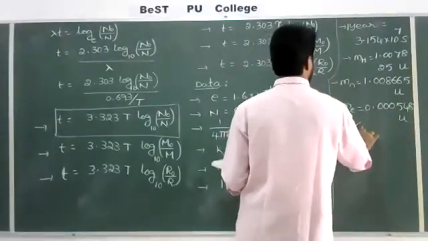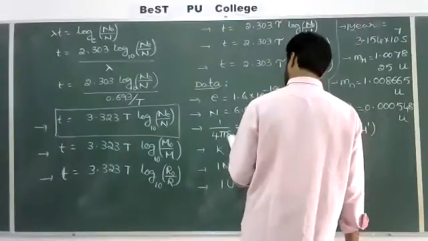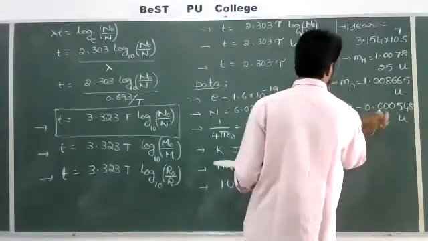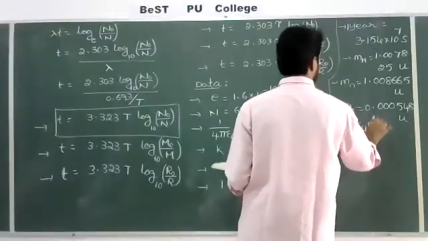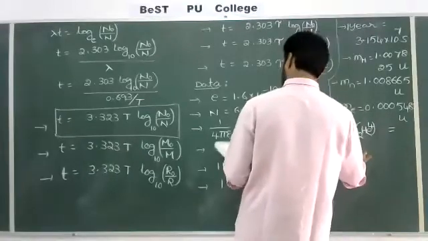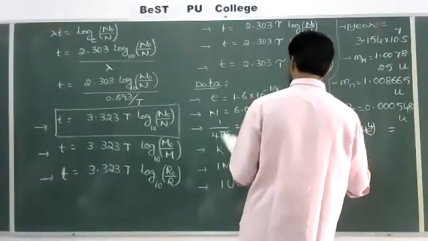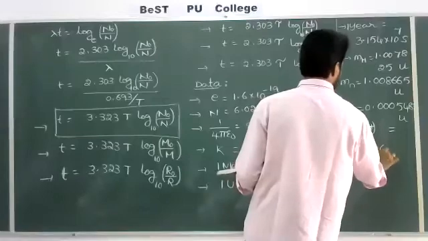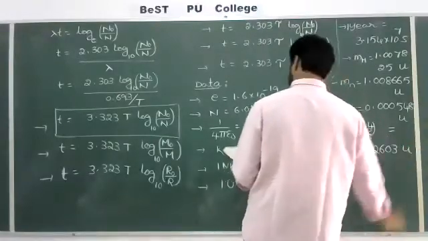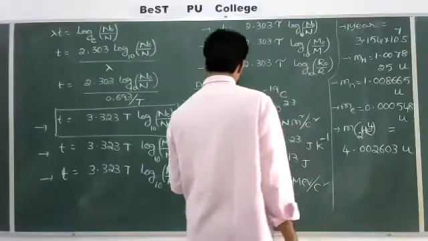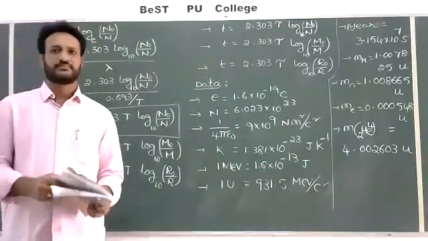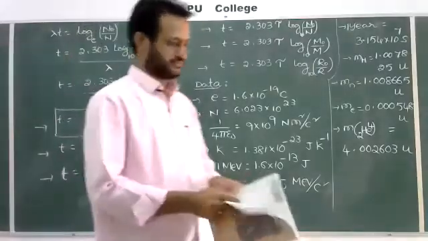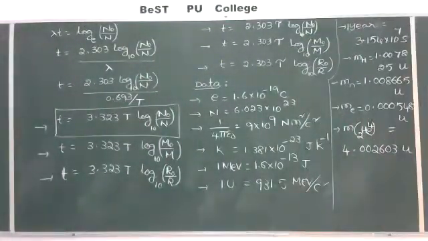Next, mass of helium, 2He4, is equal to 4.002603 amu. So that is the total data given. This data we have to use for calculations.